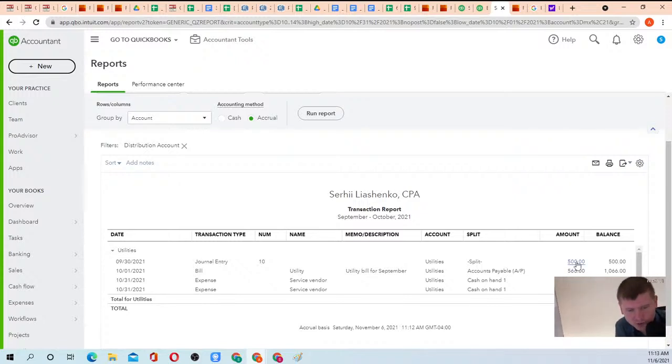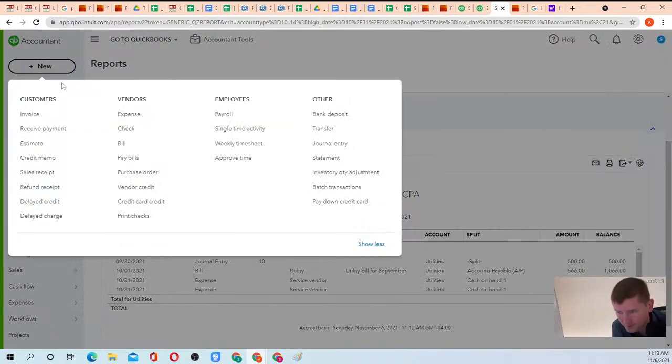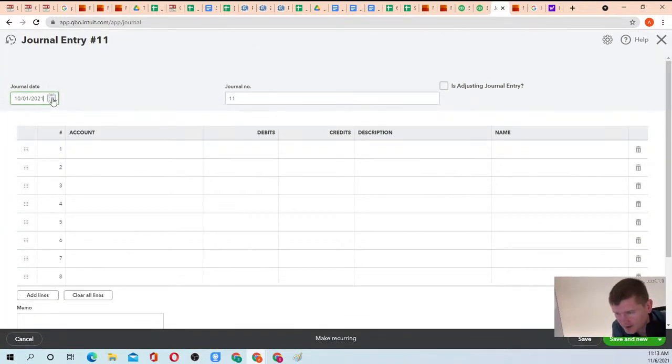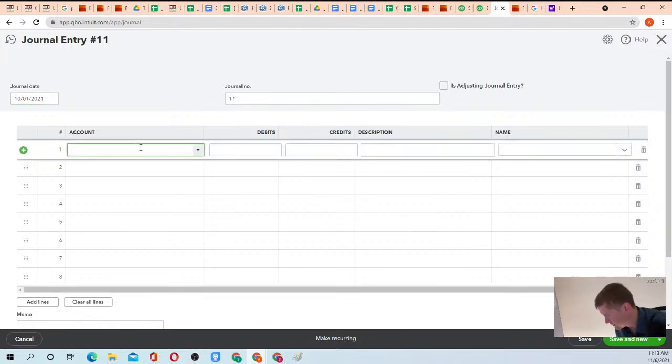So what we need to do is reverse the September accrual in October. Let's just do that. Again, do journal entry. And we do that on October 1st.